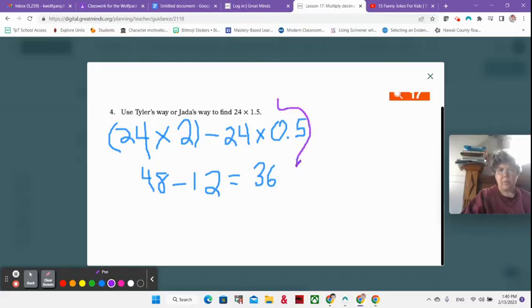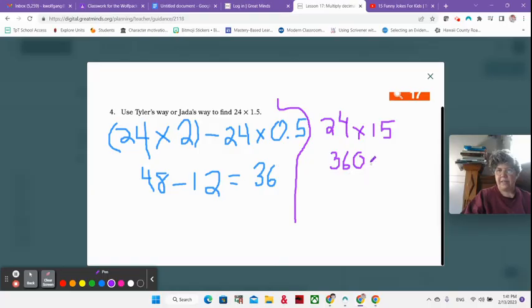Okay, well, let's try the other one. Let's try Jada's way where we're multiplying by 10. So now we have 24 times 1 and 5/10. If we multiply that by 10, that would be 24 times 15, right? So 24 times 15, that's going to give us 360. You can do the math on your page and double check, make sure, right?